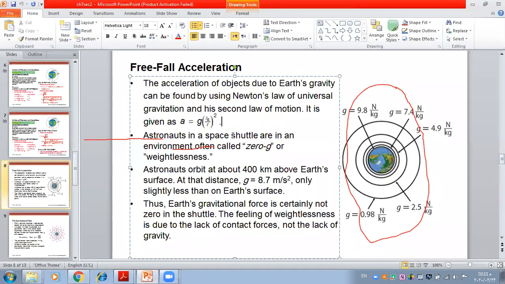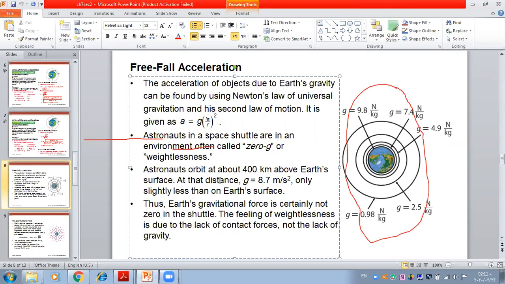So, what is R_E? R is the radius, E is Earth, okay? And r is the distance between the Earth and the object. We'll take an example now. Astronauts in a space shuttle are in an environment often called zero-G or weightlessness. Astronauts orbit about 400 kilometers above Earth's surface.